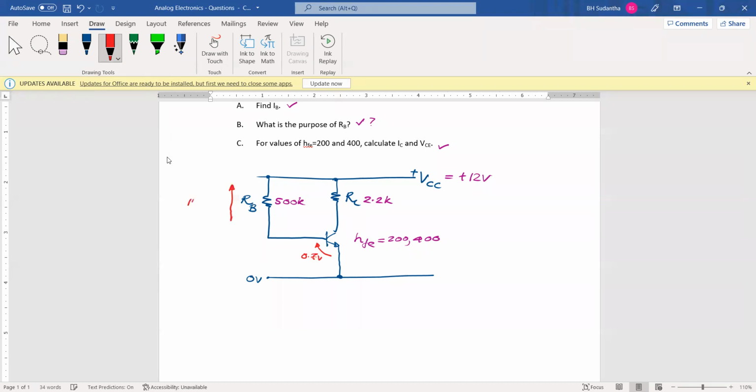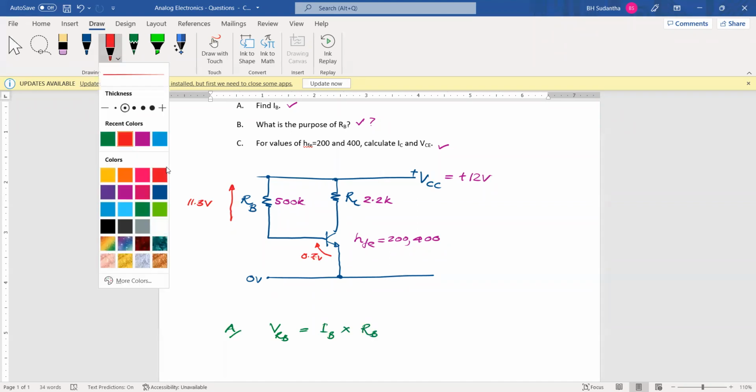Then here we have 11.3 volts. With that, we can find IB. RB equals IB into RB.